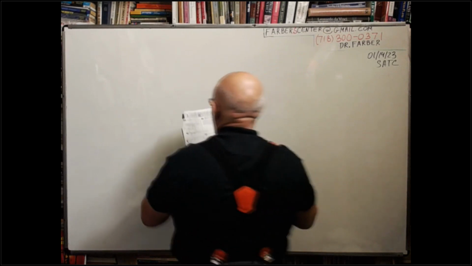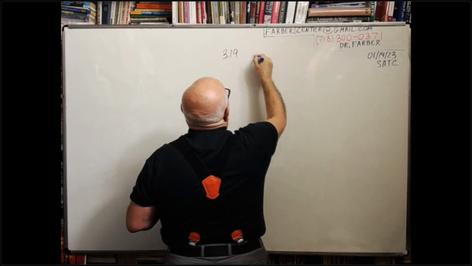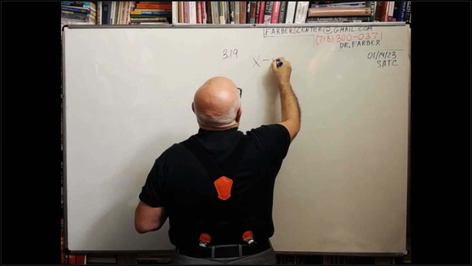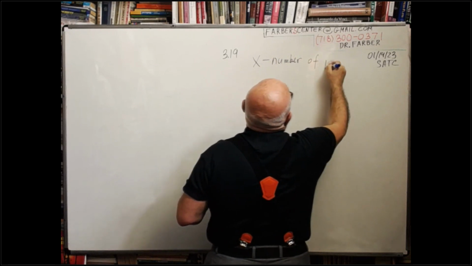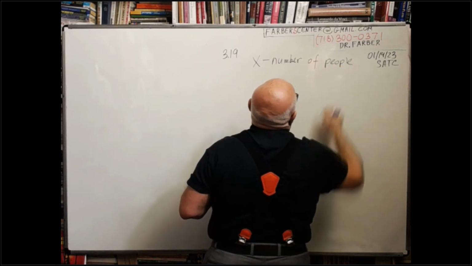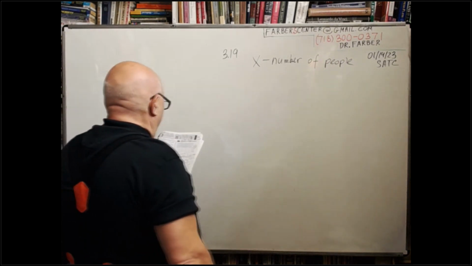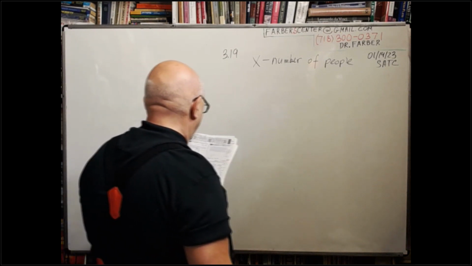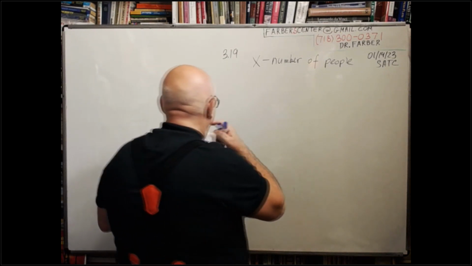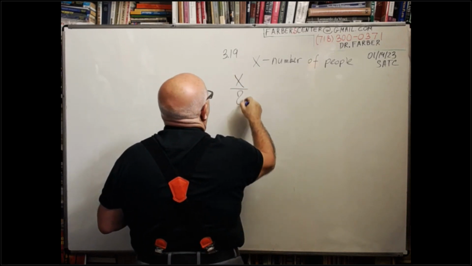So we don't know how many people. Let's make a legend. Let's say X is the number of people at the party. Now they said they provided 1 soda for 8 people. Divide by 8.